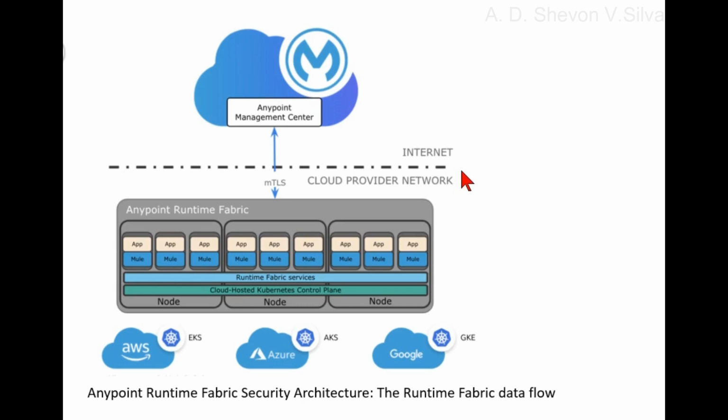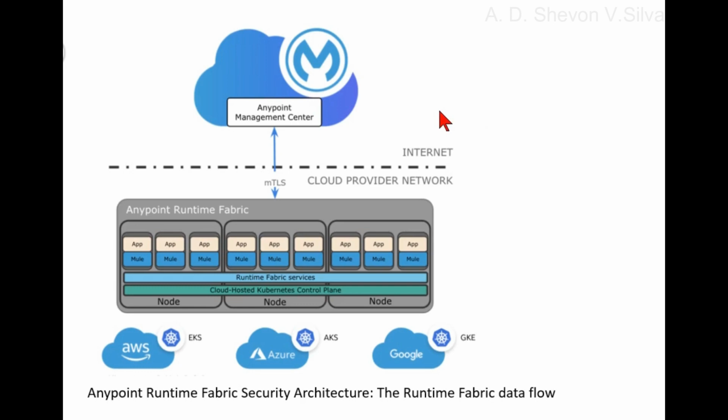Three, Runtime Fabric manager responds with the TLS certificate, CA chain, and read-only credentials to the Runtime Fabric container registry. Four, Runtime Fabric agent stores the certificate and CA chain in the Kubernetes secret.